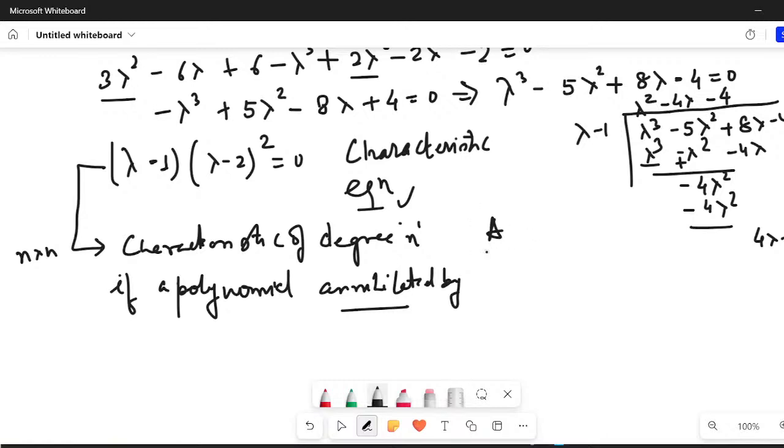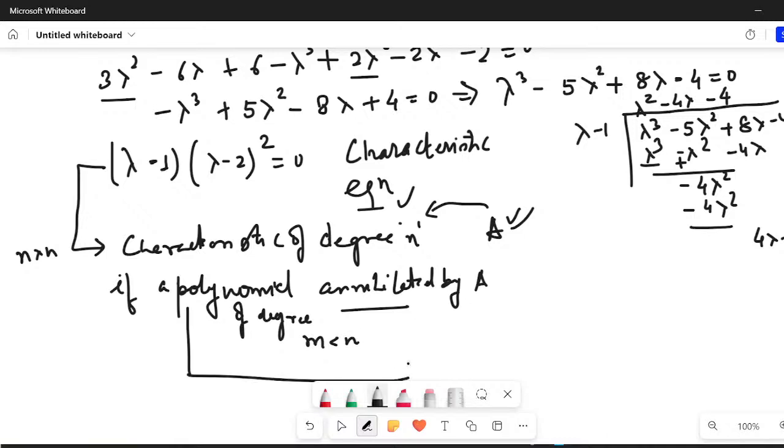And if there is a polynomial of degree less than n which matrix A can annihilate, then this particular polynomial is called a minimal polynomial.